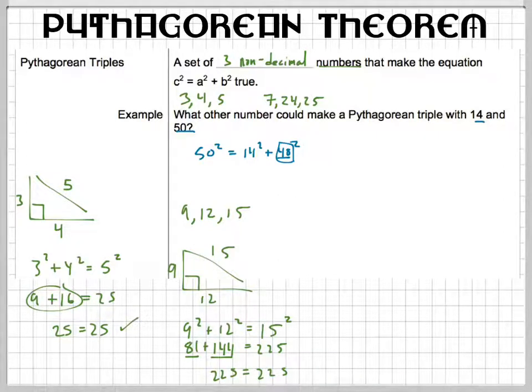Use the triples. Now I only listed 2 triples up here. I could list more, but let's keep this video short. You remember this one right here? How did I get it? I multiplied all of these by 3.